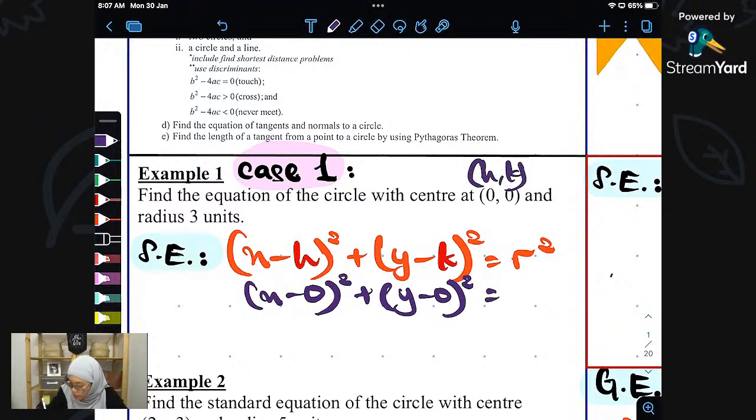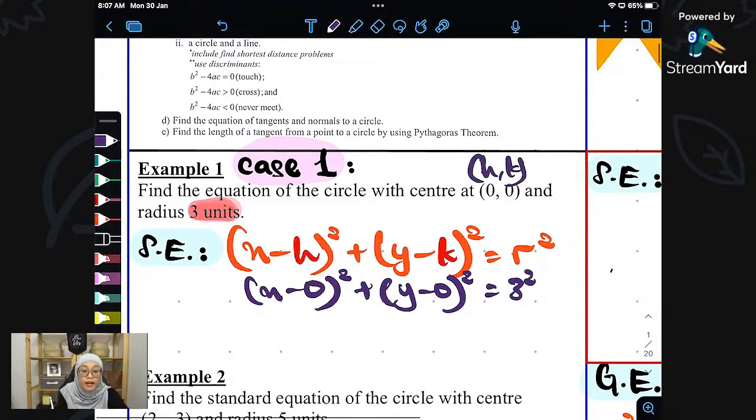And then don't forget to equal the r squared, which is our r is now 3 units. So 3 squared. Therefore, we simplify it. We will get x squared plus y squared equals 9.